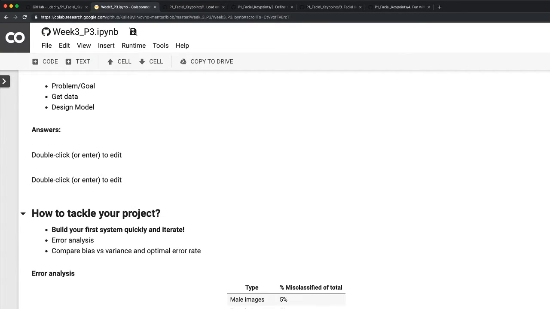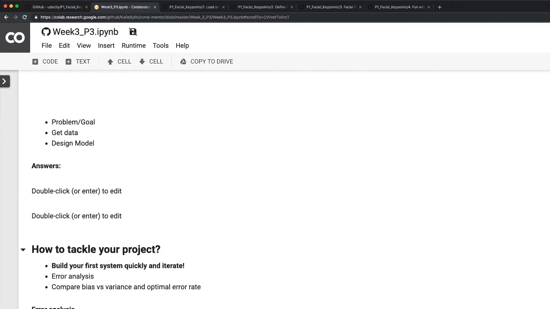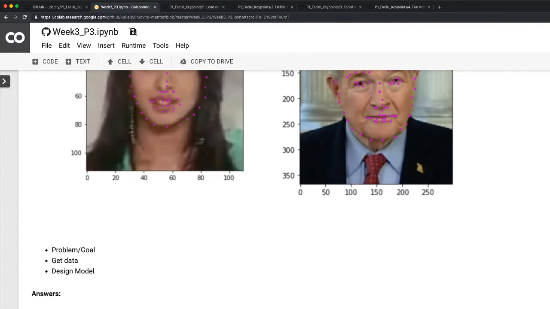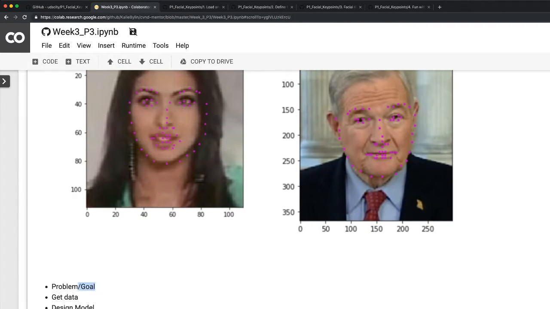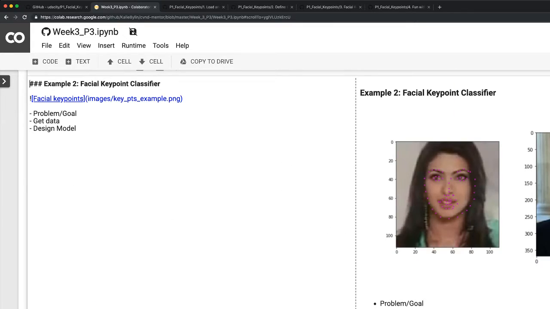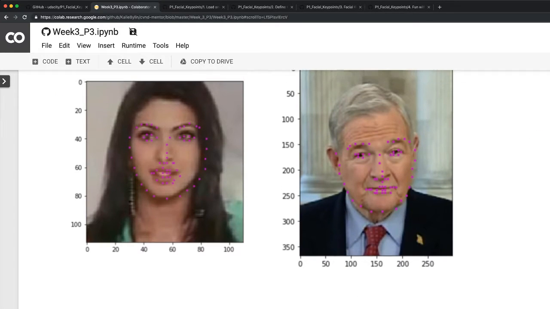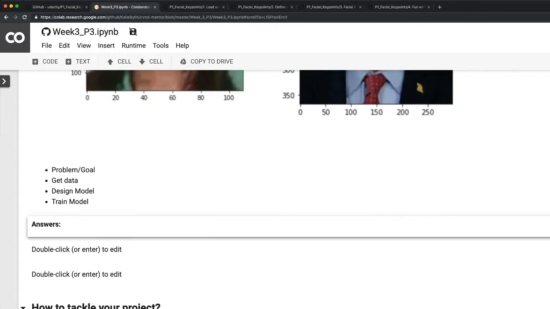But just when you jump into the project, once you have defined the problem and the goal, now that you have your data, which this project gives you from the start, how do you design your model and how do you train your model? That's what we're going to look into right now. And that's how to tackle your project.